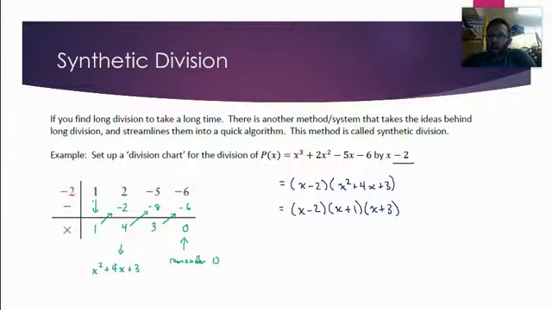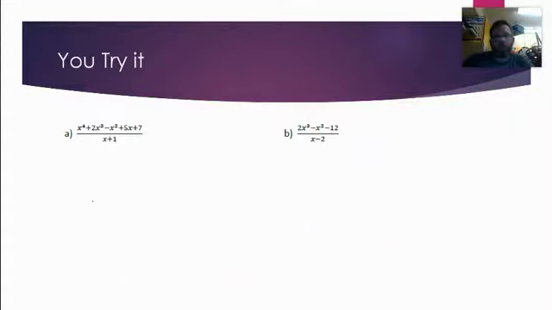Let's actually try a couple more. Let's use synthetic division to do these polynomial divisions, and we're not going to take these to completion in terms of fully factoring. We're just going to practice our synthetic division. So we set up our synthetic division table. We're dividing by x plus 1, which means we put plus 1 here, and you can add in your subtracting and multiplying prompts.